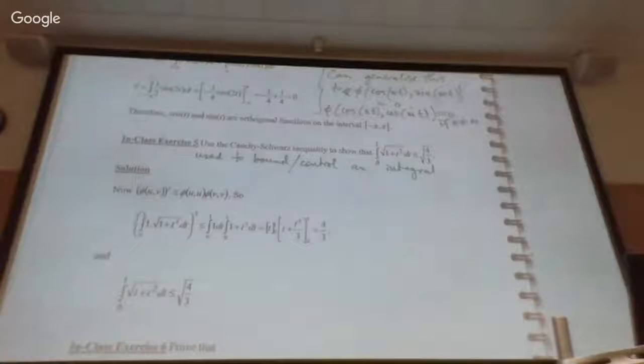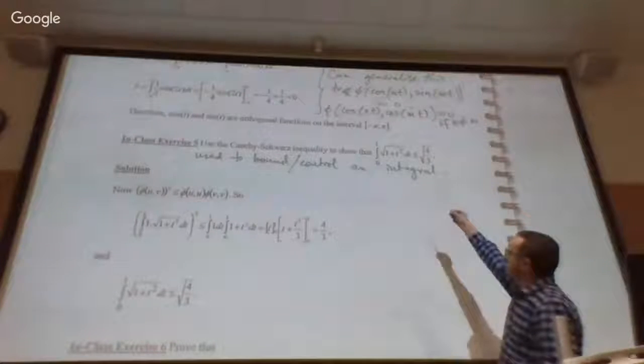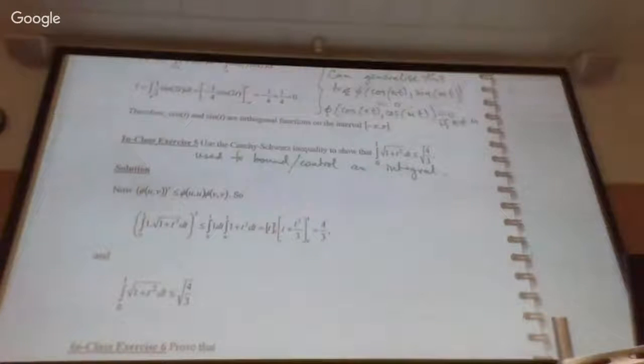Now, how is this anything to do with the Cauchy-Schwarz inequality? It's about integrals. But an integral is an inner product on a vector space of functions. Okay? So you just have to look at this initial integral and interpret it as an inner product.